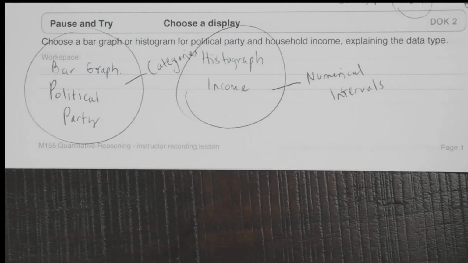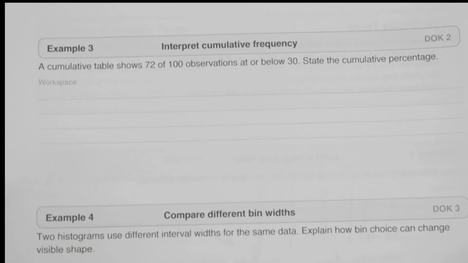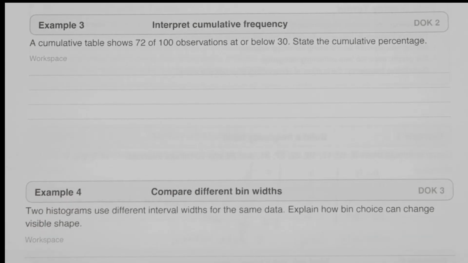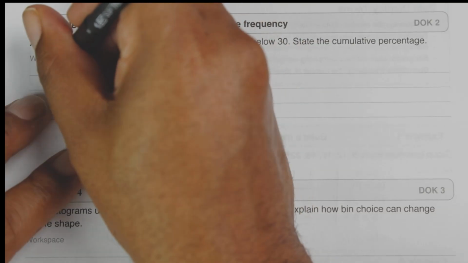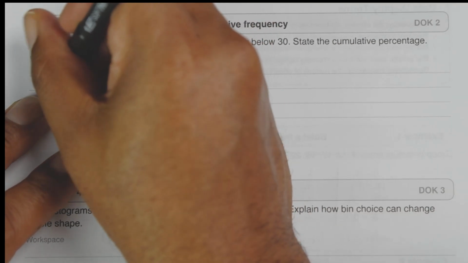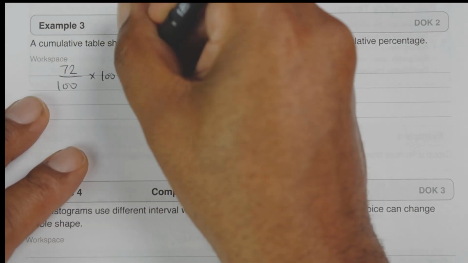Example number 3. A cumulative table shows 72 of 100 observations at or below 30. State the cumulative percentage. So suppose the table says you got 72 out of 100 observations, and they're at or below 30. What percentage is that? The way we would do that would be 72 divided by 100 times 100%.